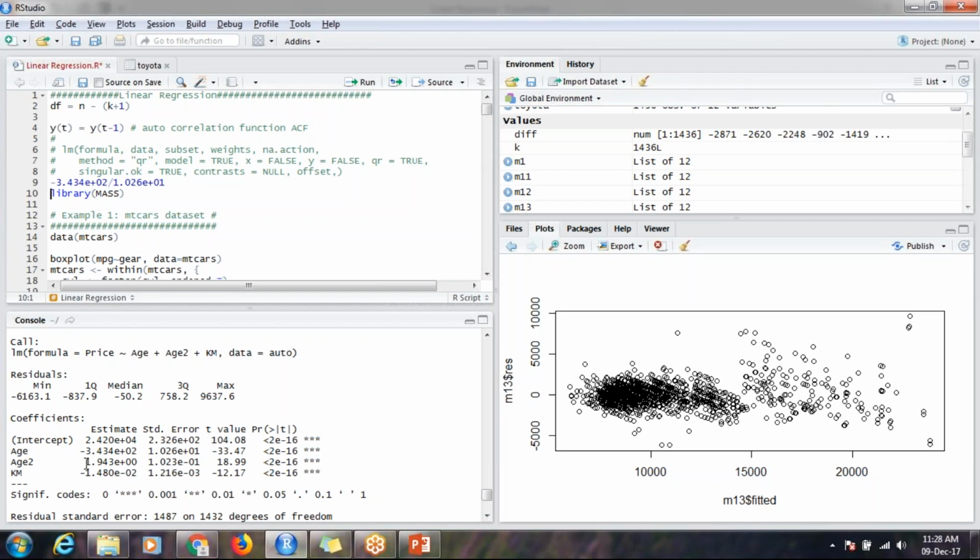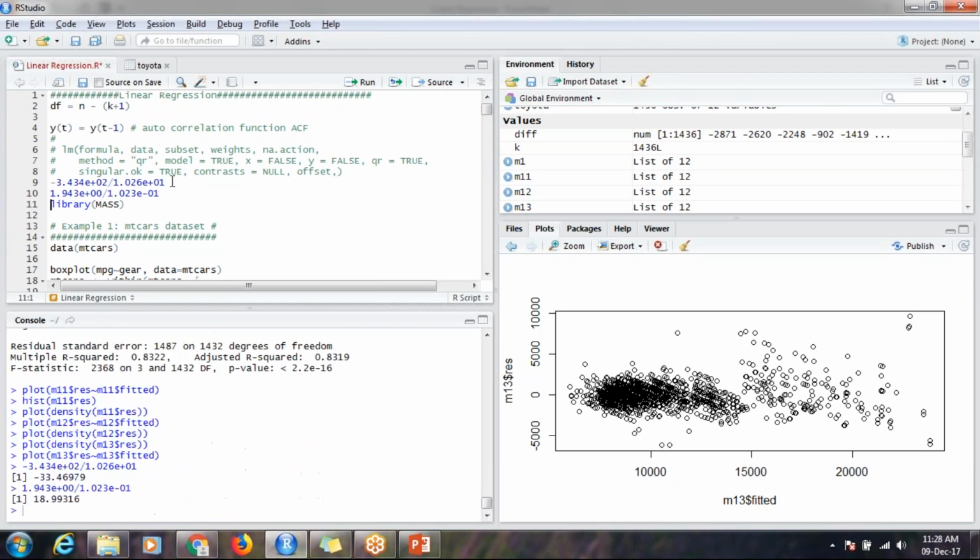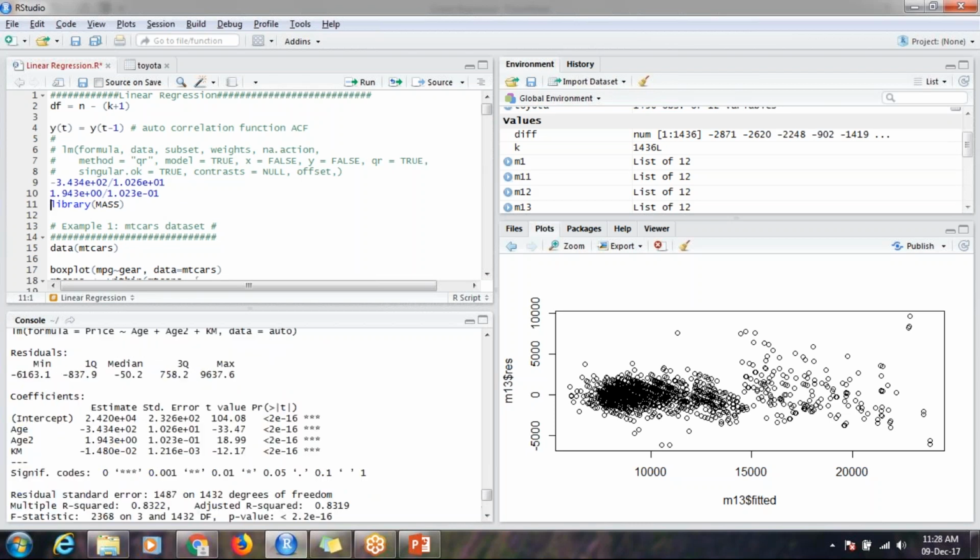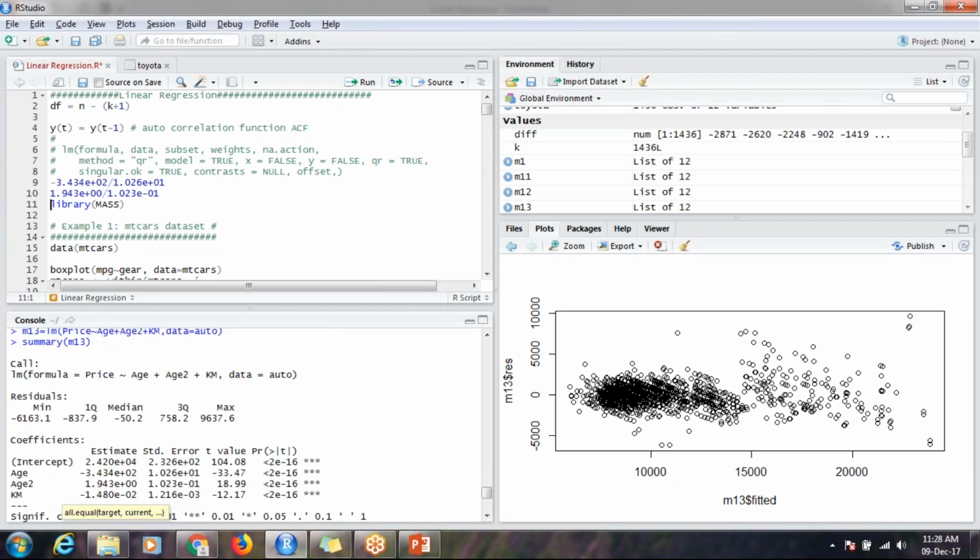So for R square, let me see and show you. 18.99, and what I was getting there was 18.99.